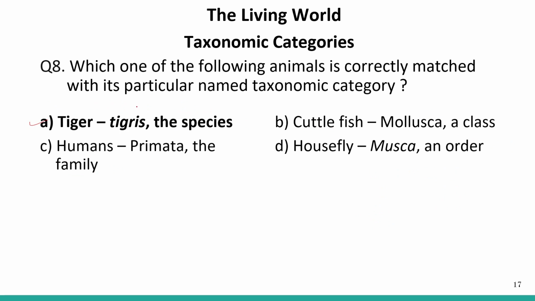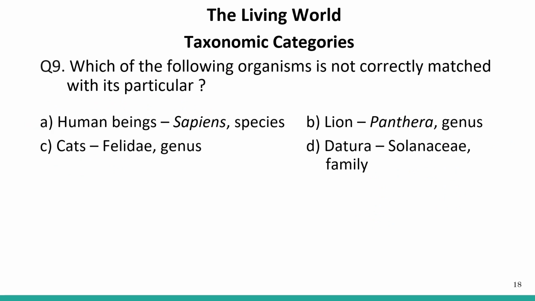Now the next question is, which one of the following organisms is not correctly matched? So you can circle this, not correctly matched with its particular category. Human beings, sapiens and species. So what is the scientific name of humans? It is Homo sapiens.